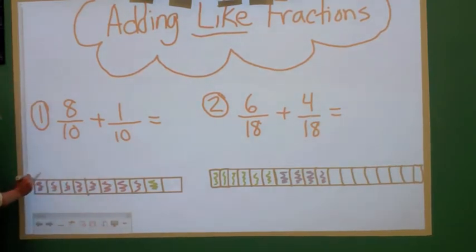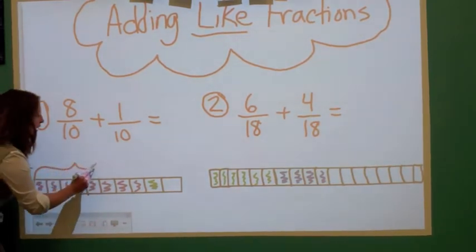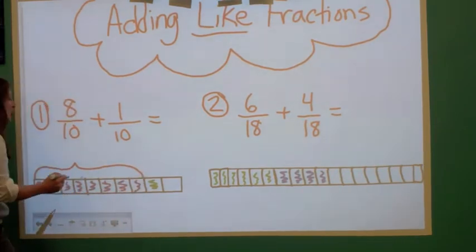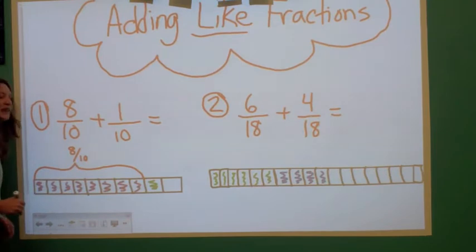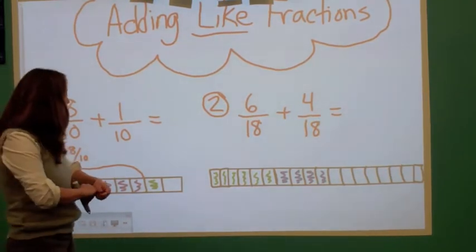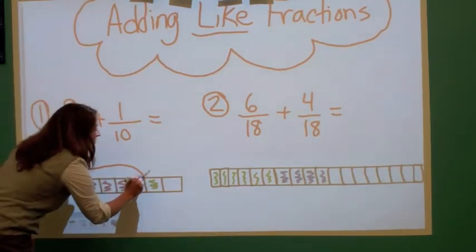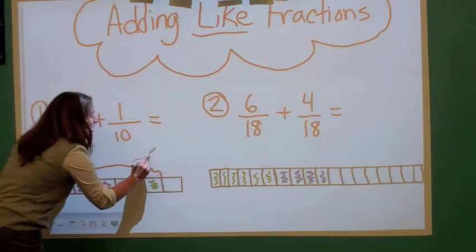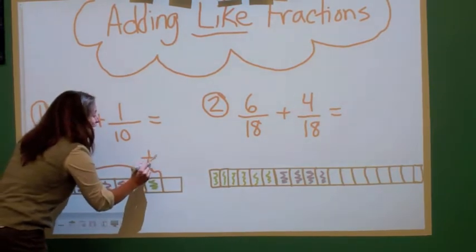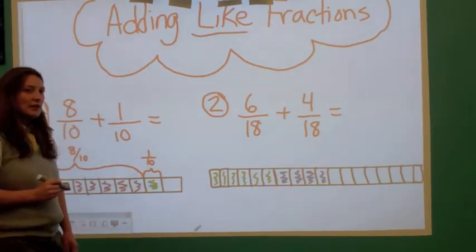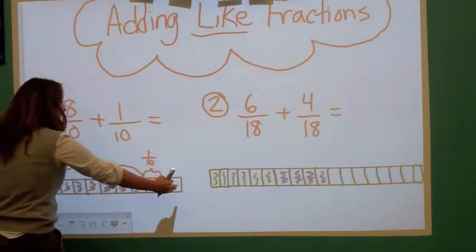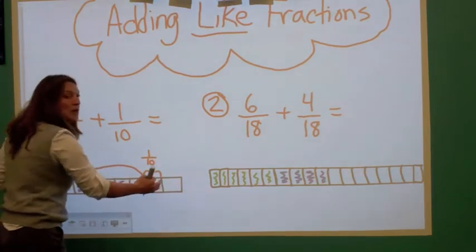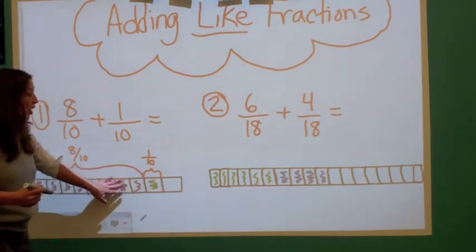So this section of my bar is showing you 8 out of 10 pieces shaded. This is showing 1 out of 10 pieces shaded. Because they're like fractions, I could put them on the same fraction bar model.